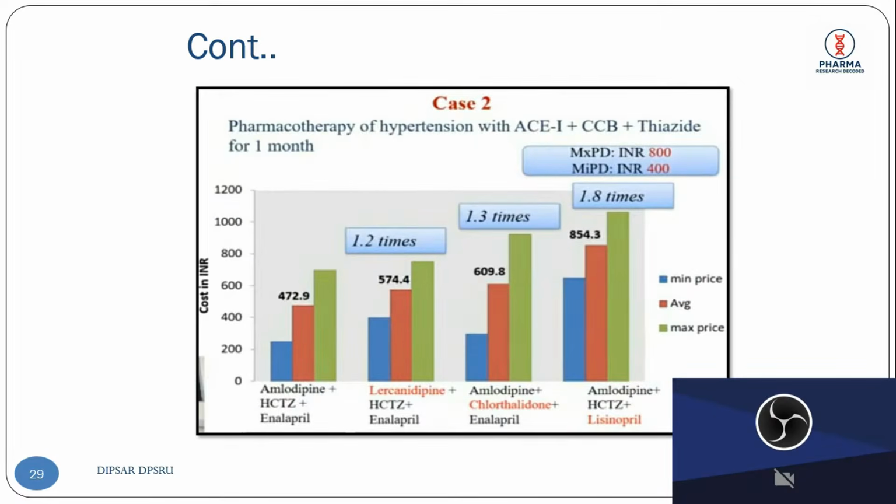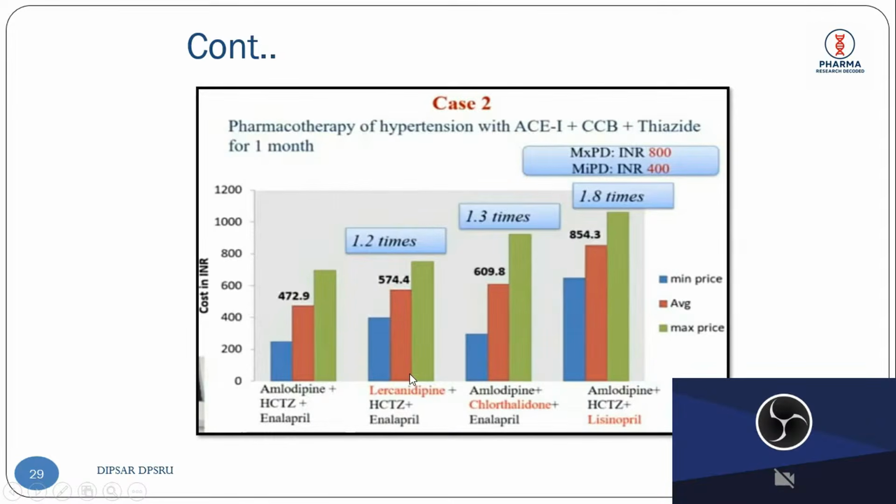This is another case, two examples where you can see that these are the medicines prescribed as per the essential list for the management of hypertension, right? If you calculate for 1 year, you will find that if a patient is managed with amlodipine, hydrochlorothiazide, or enalapril, the cost is only 472 rupees.